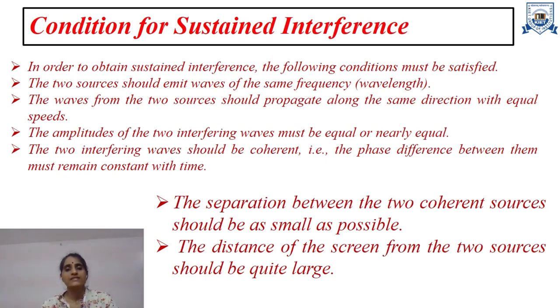Second, the separation between the two coherent sources should be as small as possible in order to have a very good interference pattern on the screen. And the last one, the distance between the source and the screen should be as large as possible. So these are some conditions which must be fulfilled in order to have a sustained interference pattern.